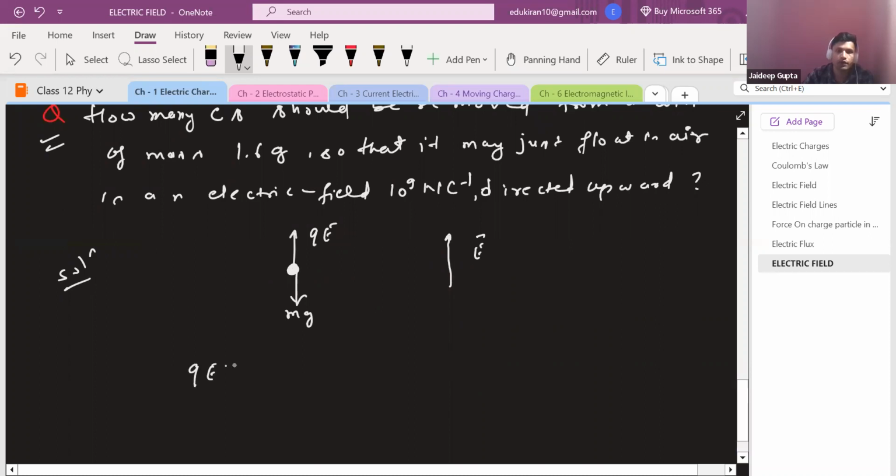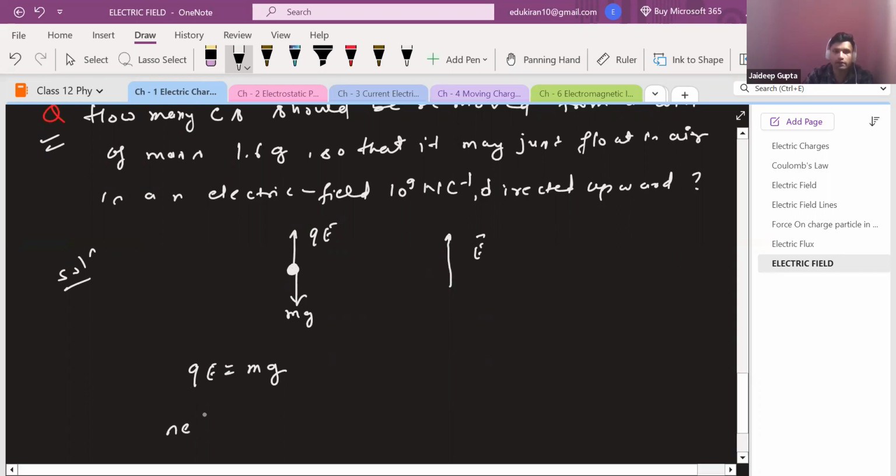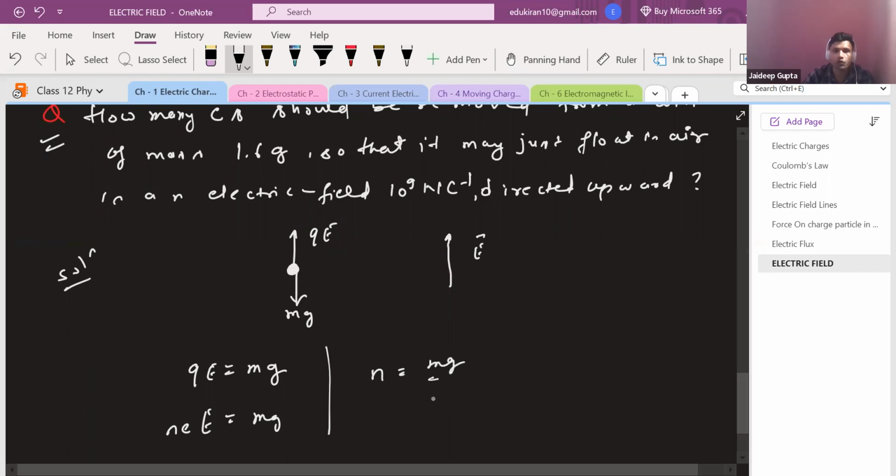So again, QE must be equal to mg. But what we have to calculate is the number of electrons. So we can substitute Q equals Ne, where e is the charge on the electron. So from here, N will be equal to mg over E, capital E.